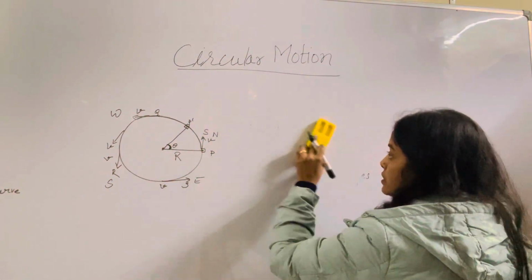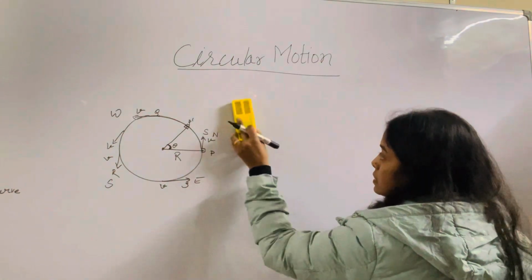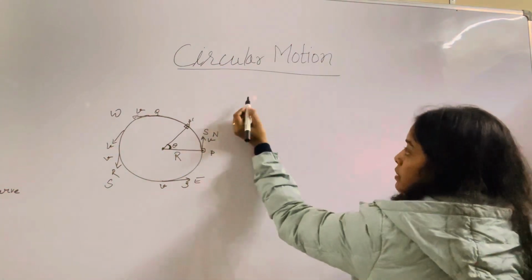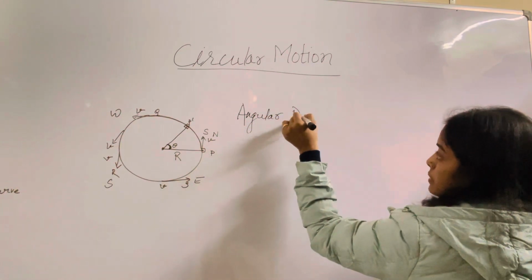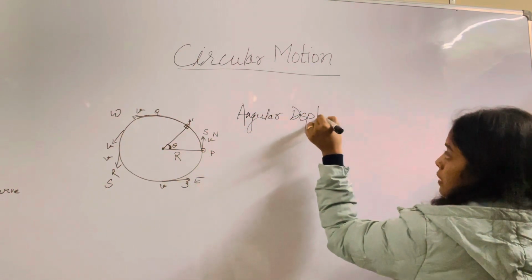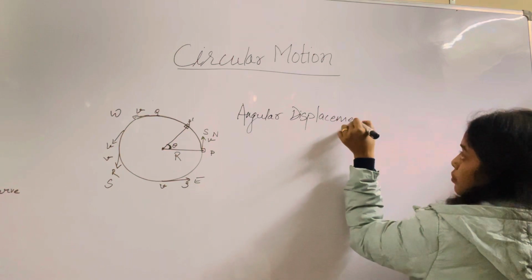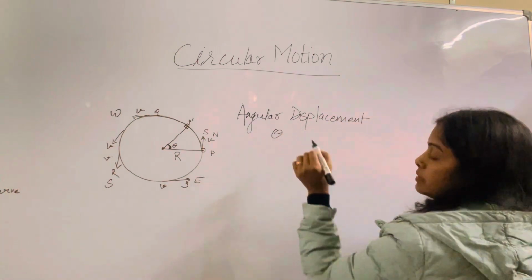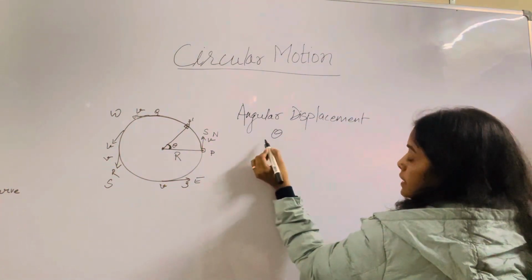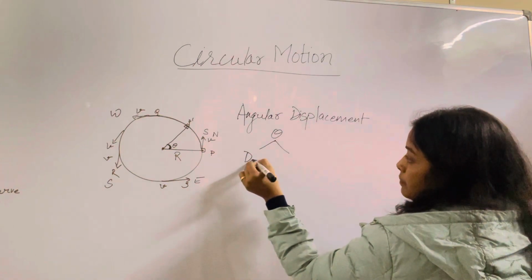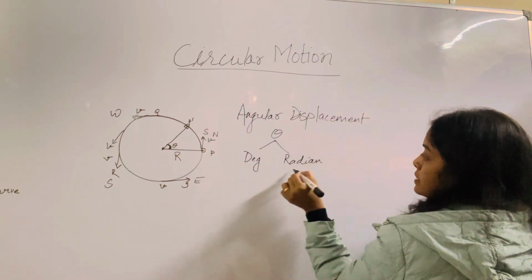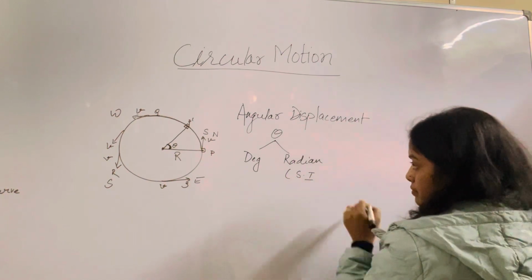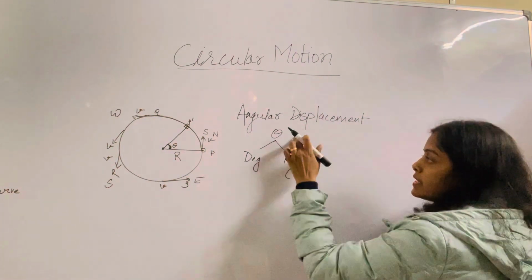So the next term which we have to discuss in circular motion is angular displacement. Angular displacement is denoted by the symbol theta, and its unit can either be degree or radian. Radian is its SI unit. So what is angular displacement?